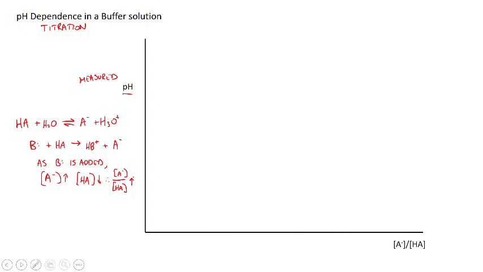So if we were to do this experiment, if we were to start off with a solution that starts off at all HA and no A minus, and then at very high ratios we have all A minus and no HA, and we were to measure pH throughout this whole transition, what we would see would look something like this.